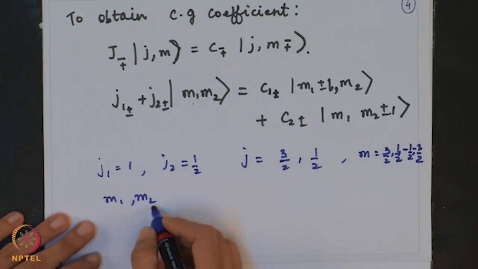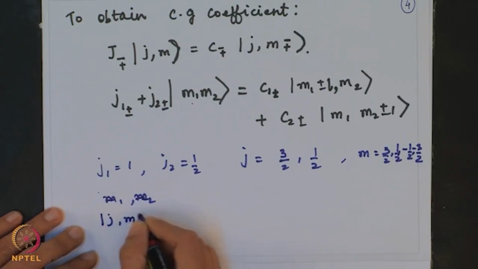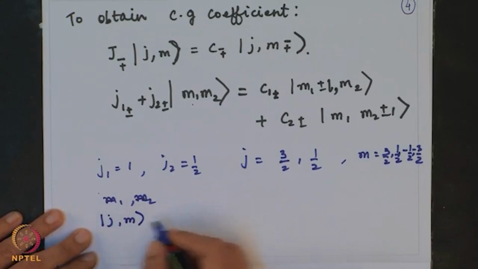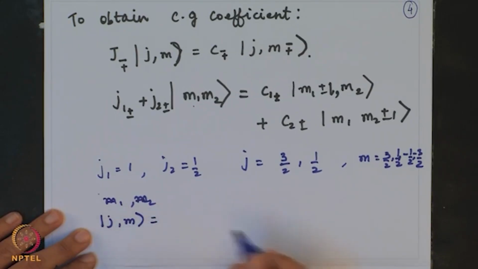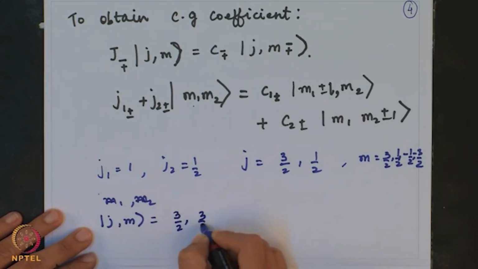Similarly, for M1, M2 you can have different states. So, let me write this for the uncoupled state. I can write it as 3 by 2, 3 by 2.